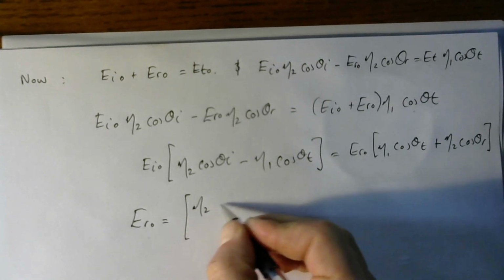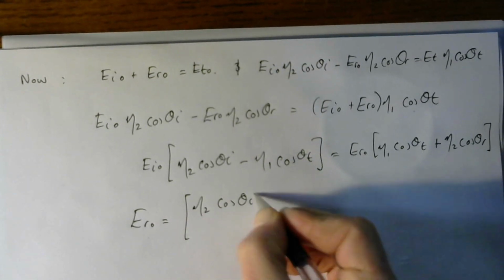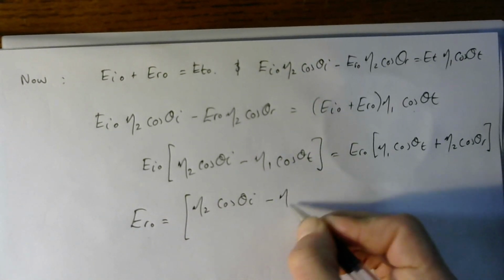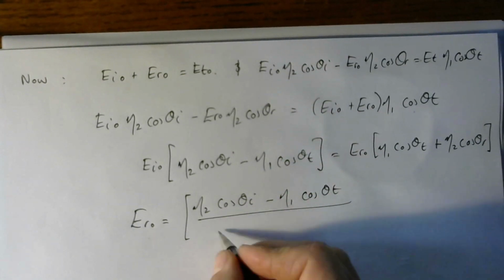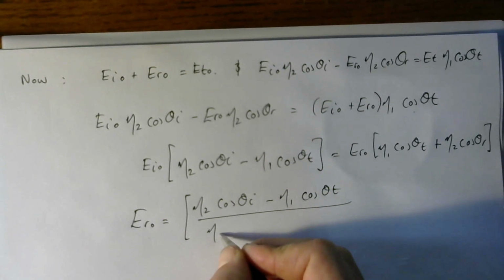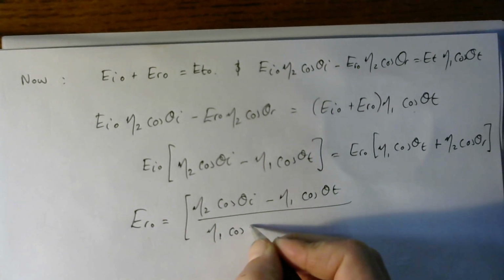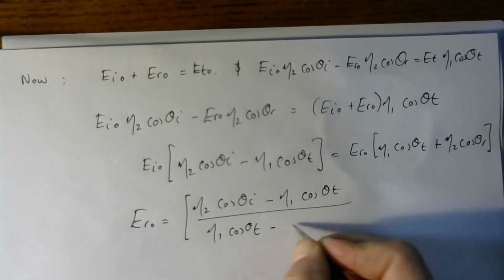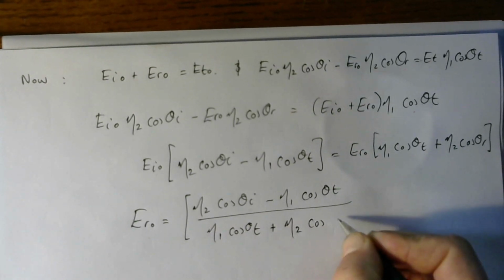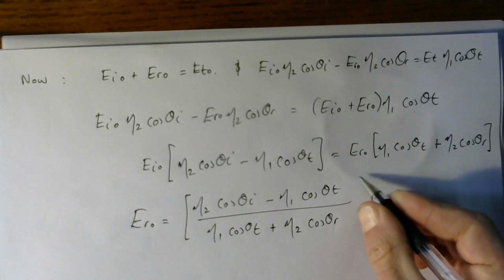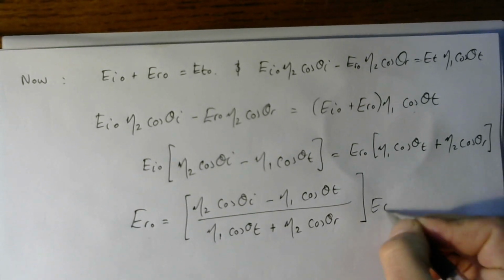So I have this: eta 2 cos theta I minus eta 1 cos theta t, divided by eta 1 cos theta t plus eta 2 cos theta R, times EI0.